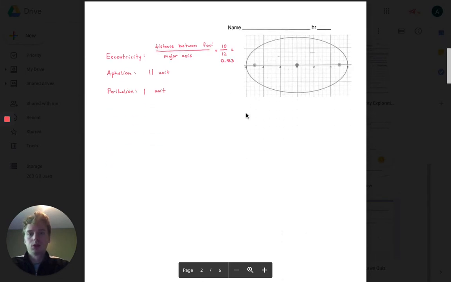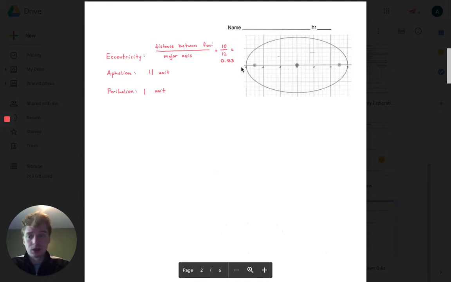The next one, this one was kind of confusing for some of you guys, but you just needed to count these boxes really. So you can see here that the foci are at -5 and 5. I just decided to use this one as my foci. It really doesn't matter. And then the very center of the ellipse is at 0. I'll skip the eccentricity for right now. So if this is my foci, there's only one box from -5 to -6.